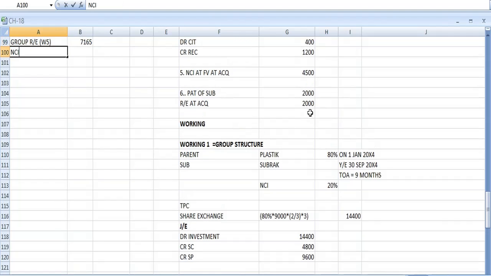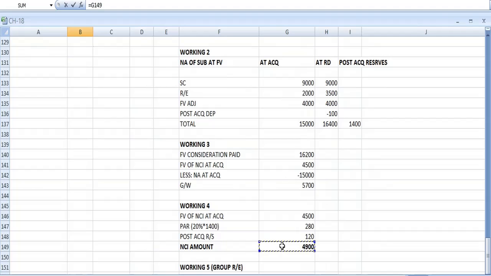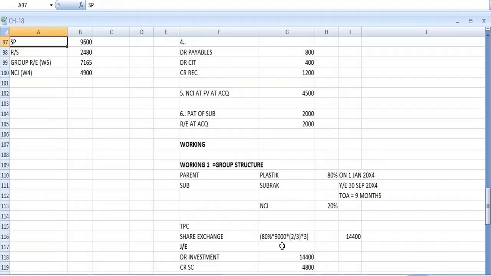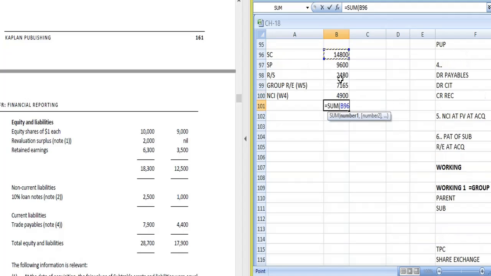We will also write down here NCI, which we calculated in working 4. Okay, so anything else needs to be recorded here? No, I don't think so. So total is total.